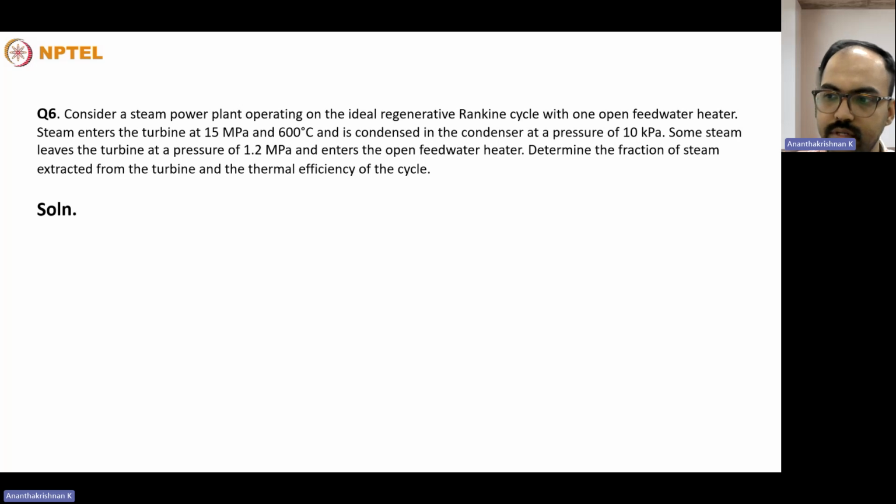A fraction of the steam is bled from the high pressure turbine and goes into the open feed water heater, where the high pressure, high temperature steam condenses, passes on its heat, and mixes with the water which is being pressurized from the pump. In this process, we need to find the extracted fraction of the steam as well as the thermal efficiency.